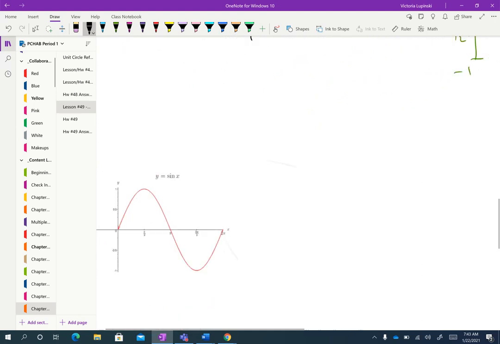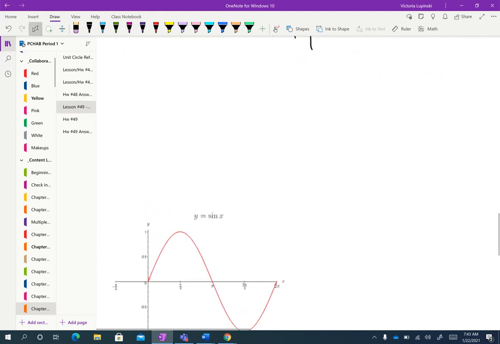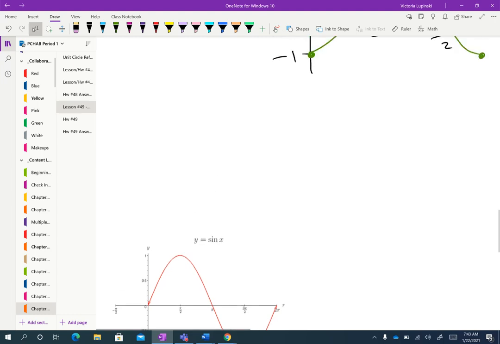So the last change that we're going to talk about today is a change in period. So in order to discuss a change in period, we're going to consider what would happen if you had y equals the sine of bx, or if you had y equals the cosine of bx. If you haven't noticed, each transformation is going to be a letter, and we'll get to C and D in the upcoming lessons.